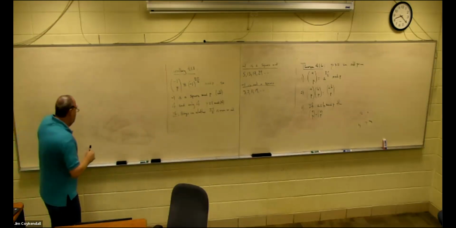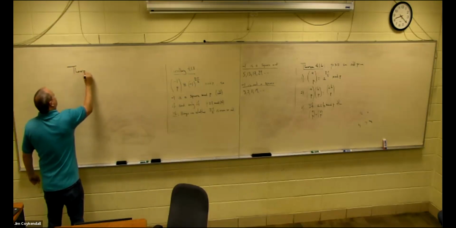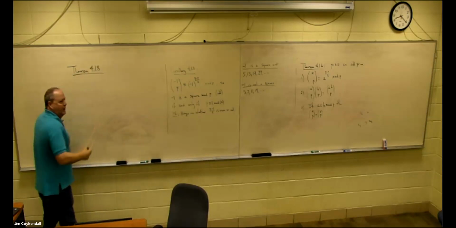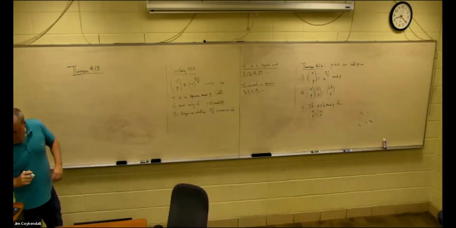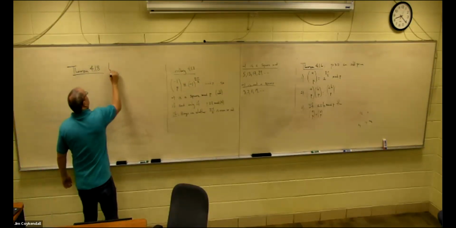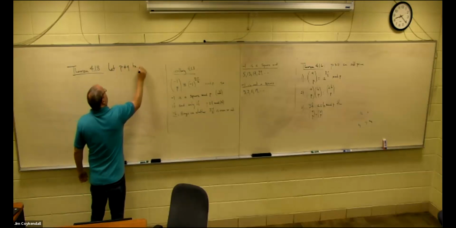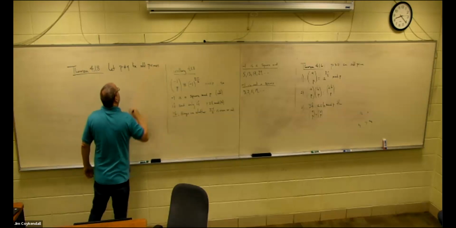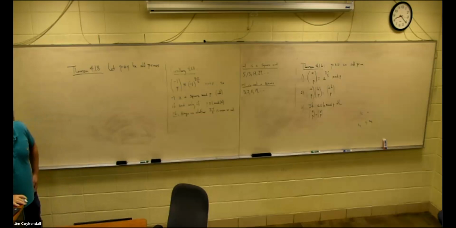Theorem 418. Some people call this whole mess quadratic reciprocity. Let p and q be odd primes. So they're both odd and they're distinct.